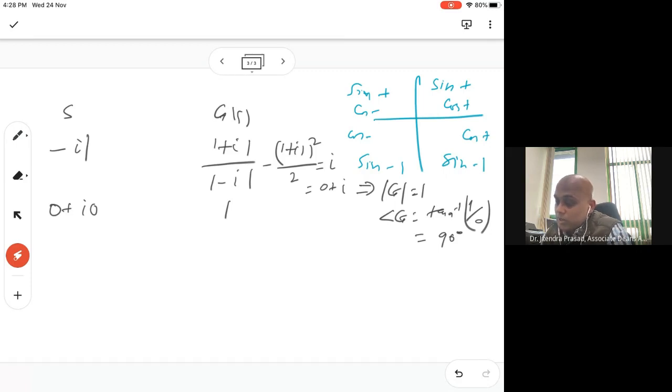Okay. Now again, in order to see how exactly this is working, whether you have this point, this one. So in any case, we have 90 degree.